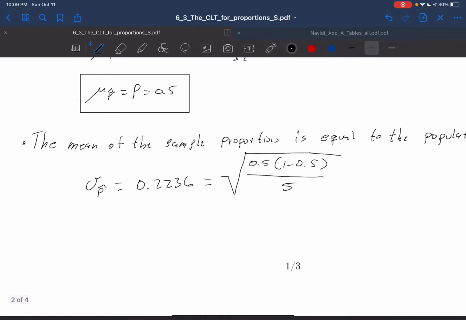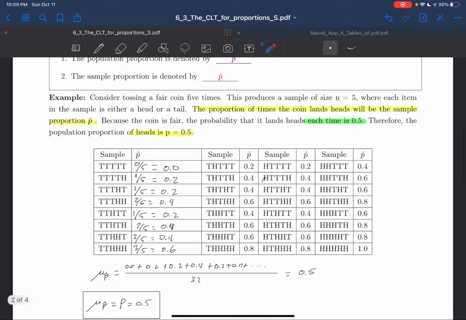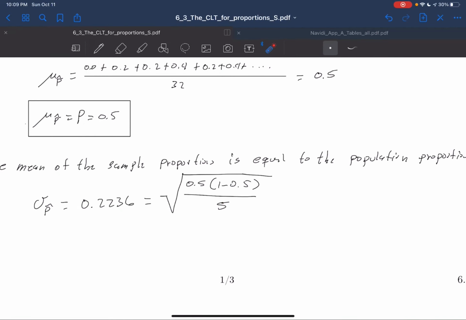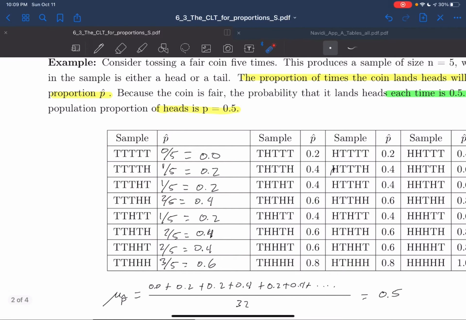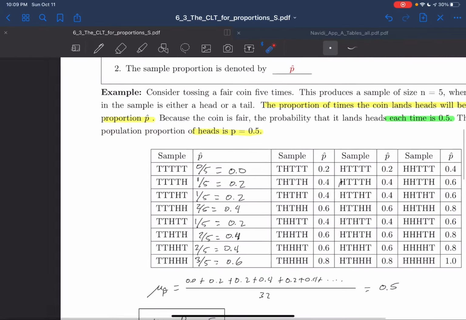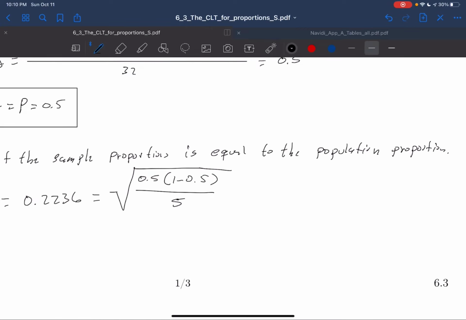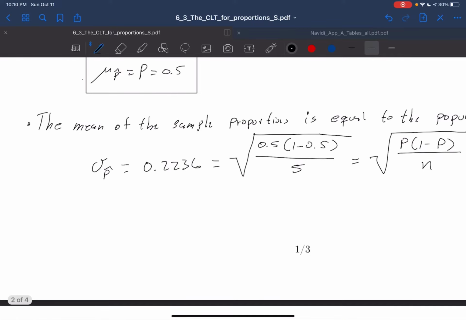Notice that 0.5 was our population proportion, and 5 was our sample size. So you could say that this is equal to the square root of p times 1 minus p divided by n. This is true, again, in general. So the standard deviation of our sample proportion, p hat, is equal to the square root of the population proportion times 1 minus the population proportion, all over our sample size n.